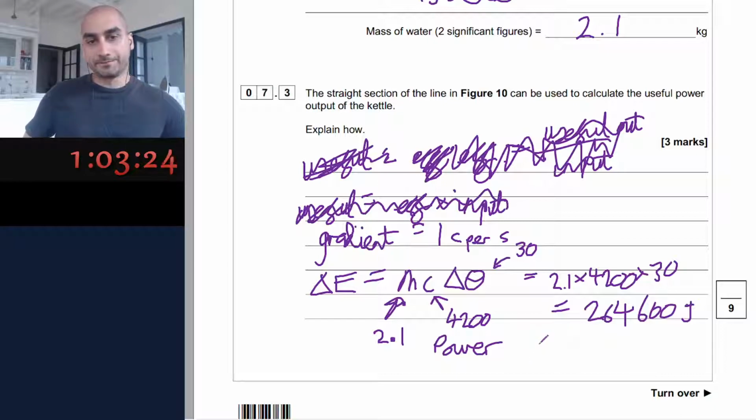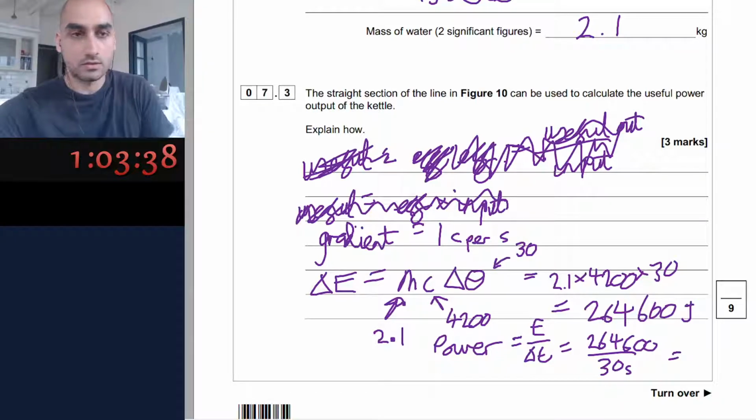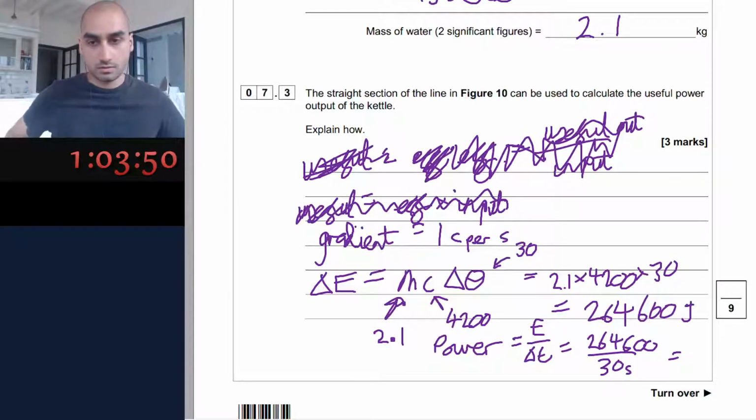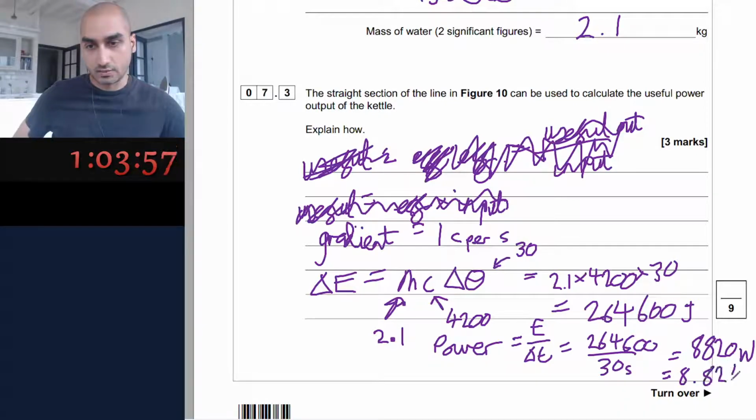This is power. Power equals energy over delta T equals 264,600 divided by 30 seconds equals 8820 watts, which equals 8.82 kilowatts.